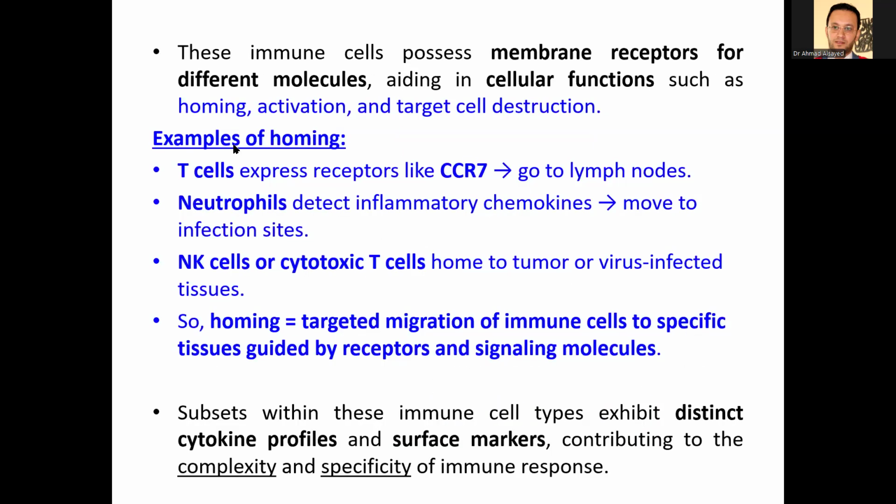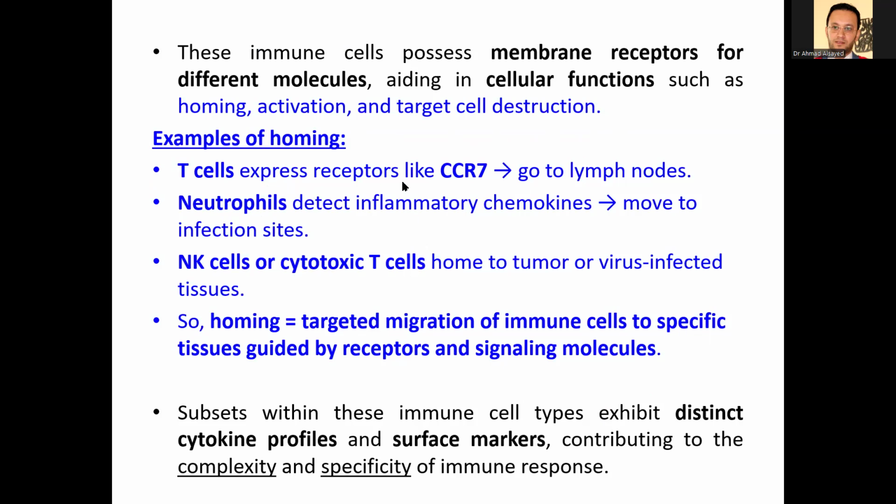Here I just add details about homing, because activation is clear, target cell destruction is clear. What about homing? An example of homing: if a T cell expresses a receptor like CCR7, it's not important to memorize this term, but the idea, the concept.